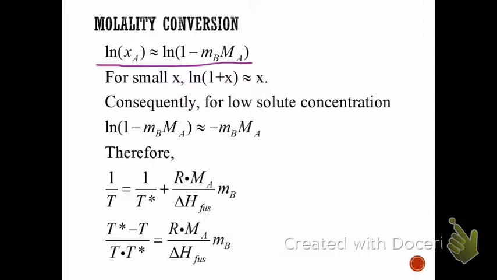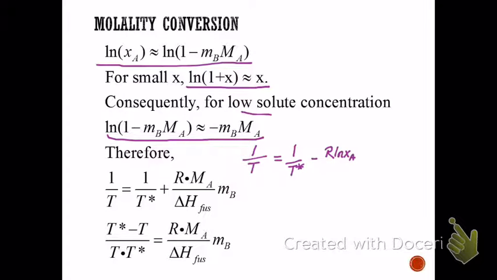Using an approximation that we talked about earlier, we note that the natural log of 1 plus x is roughly equal to x, and so that means the natural log of 1 minus the molality times the molar mass is roughly equal to negative molality times the molar mass.